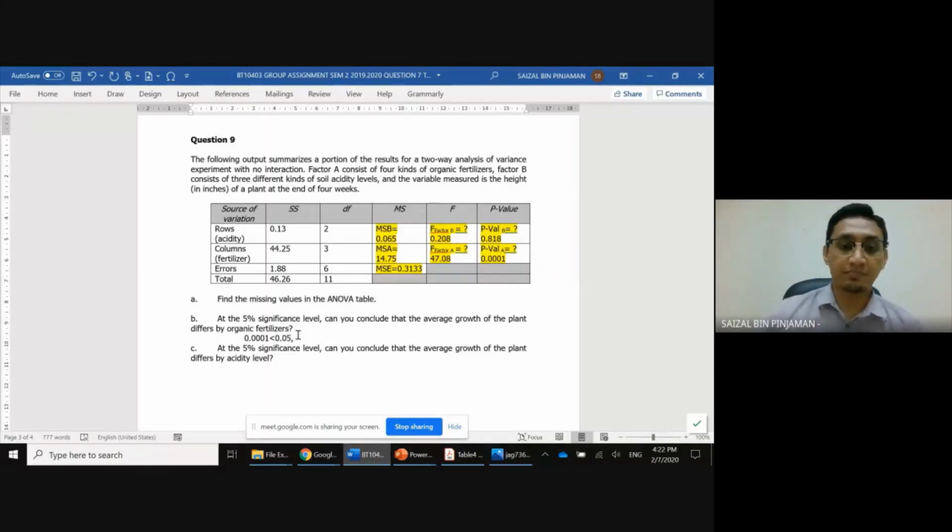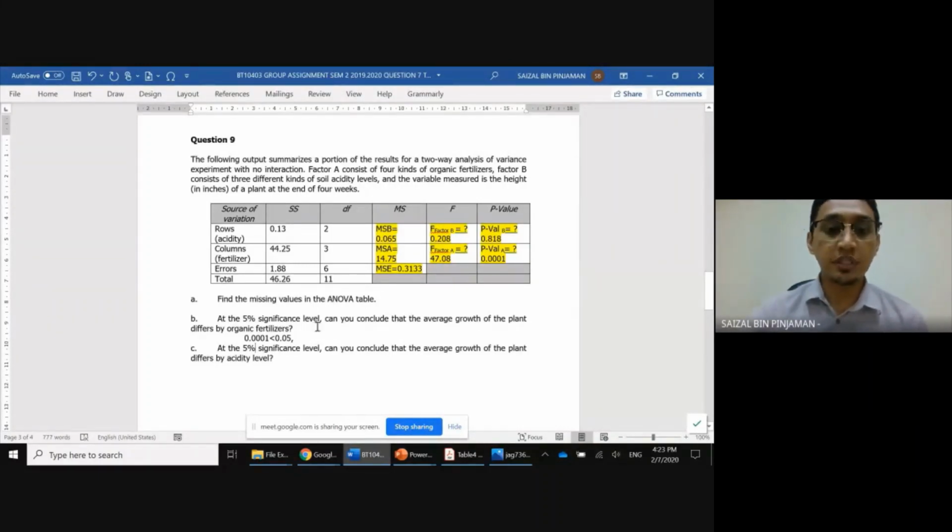Since the p-value is smaller than the significance level, we can safely say that we reject the H null, and we can conclude that the organic fertilizer influences the height of the plant. Or you can also conclude that the average growth of the plant differs by the organic fertilizer.